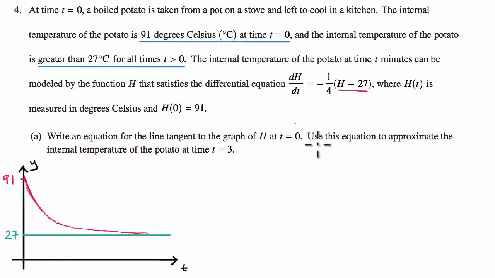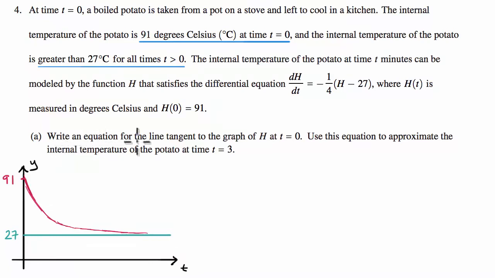And it also makes sense that your rate of change is proportional to the difference between the temperature of the potato and the ambient room temperature. When there's a big difference, you expect a steeper rate of change, but then when there's less of a difference, the rate of change becomes less and less negative as we asymptote towards the ambient temperature.